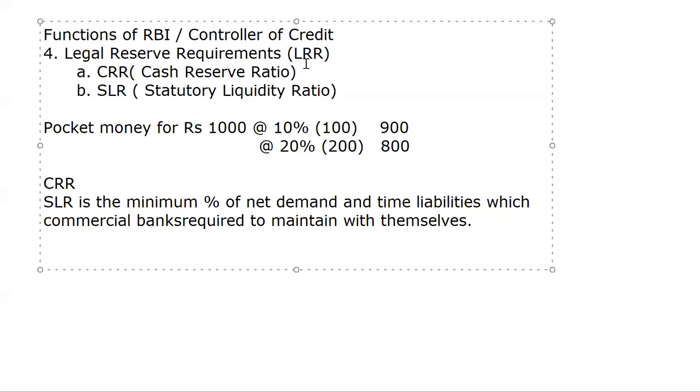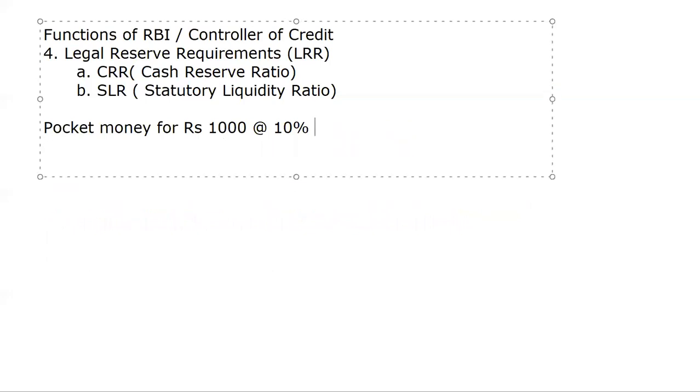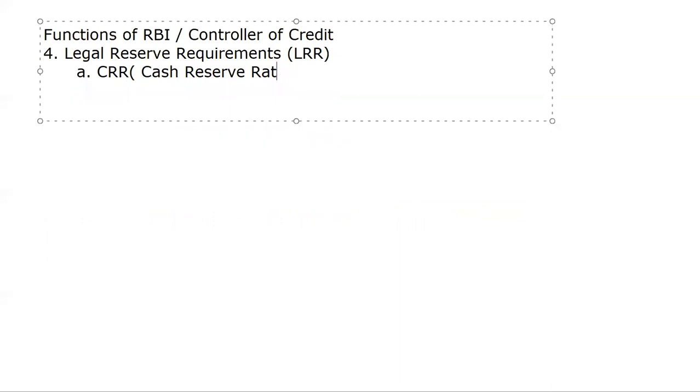Okay, now the next method to control the credit by the RBI. This is margin requirements. I am going to clear this. This is the fifth method.